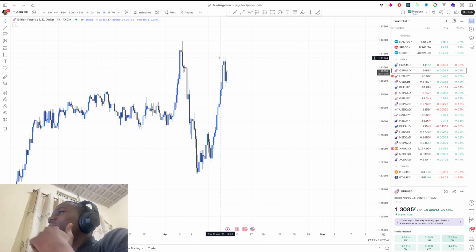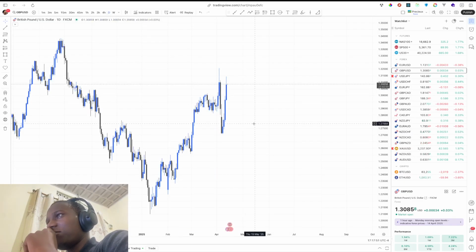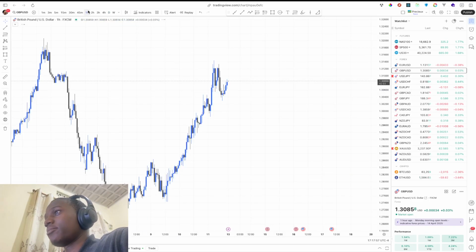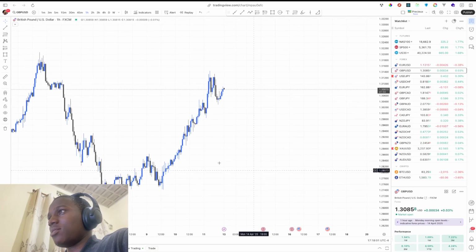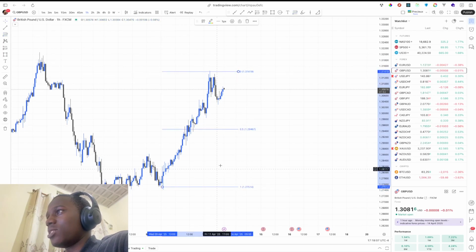I think we're going a bit fast on some pairs. Let's look for some clues on how the market will go further. Let's go to the 1 hour. At this price leg, we can see that the market was choppy around here, and with rebalancing, it might return to this discount zone right here and react to this zone.